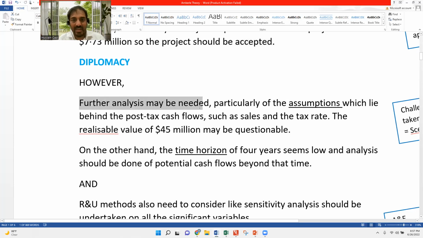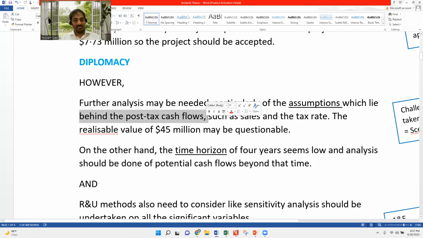Further analysis may be needed. Although I've calculated all the things from the information you have given, further analysis may be needed, particularly of the assumptions which lie behind the post-tax cash flows. How were the post-tax cash flows derived?